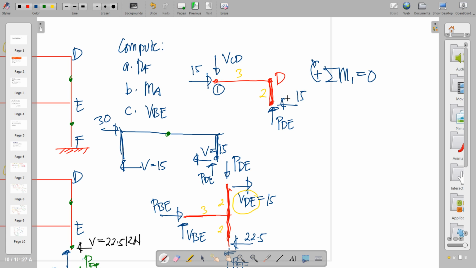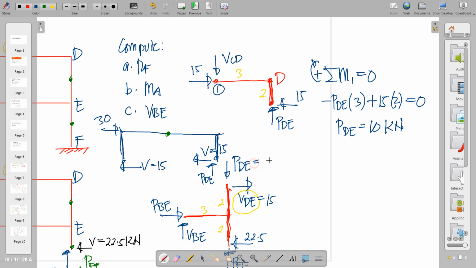We have negative PDE times 3 plus 15 times 2. So therefore, PDE is positive 30 all over 3, that is 10 kilonewton.